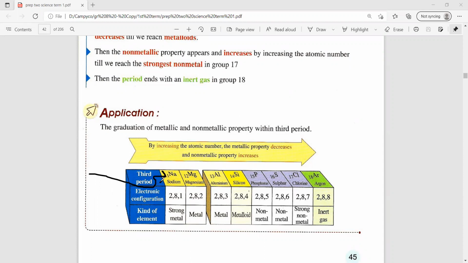Argon is metal or inert gas? Yes, inert gas. Okay. Chlorine is what? Metal or non-metal? Aluminium. What's happening to all of you? I will cancel the session.